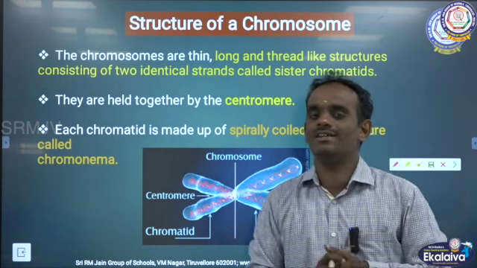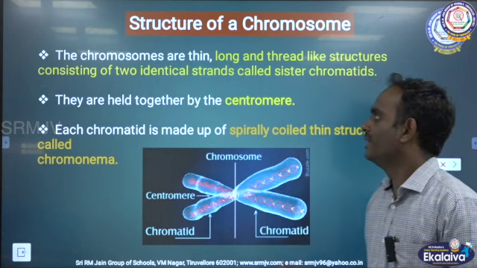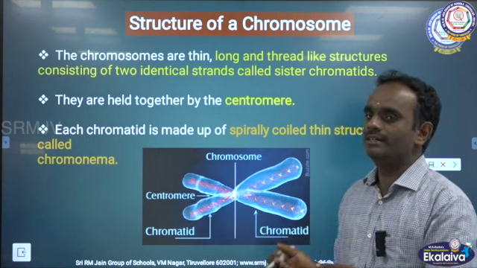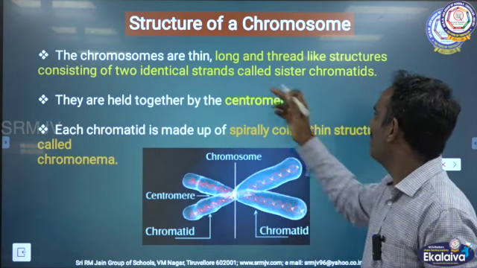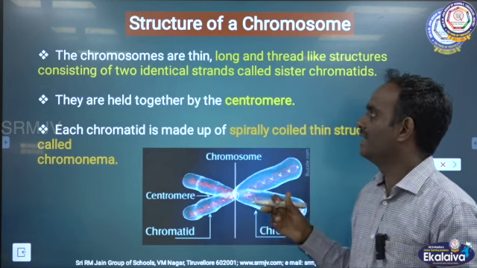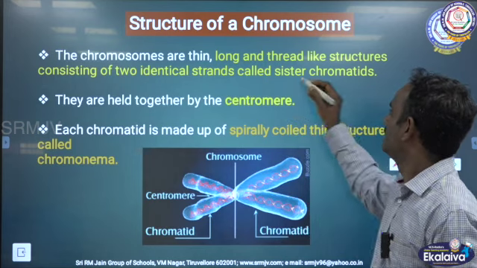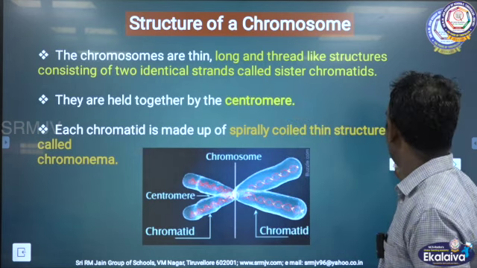Now we will see the structure of the chromosome. The chromosomes are very thin, as I said earlier. They are thin, long, thread-like structures consisting of two identical strands called sister chromatids. See the picture here.